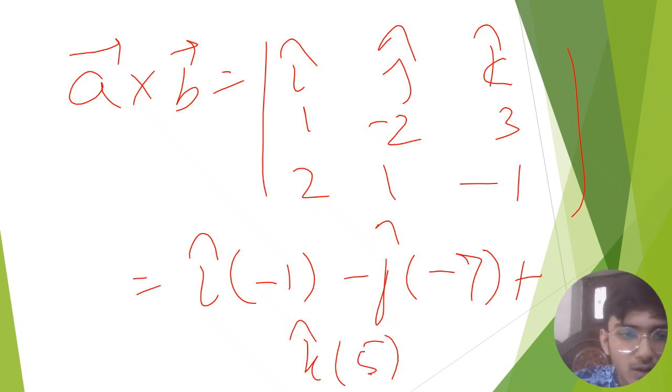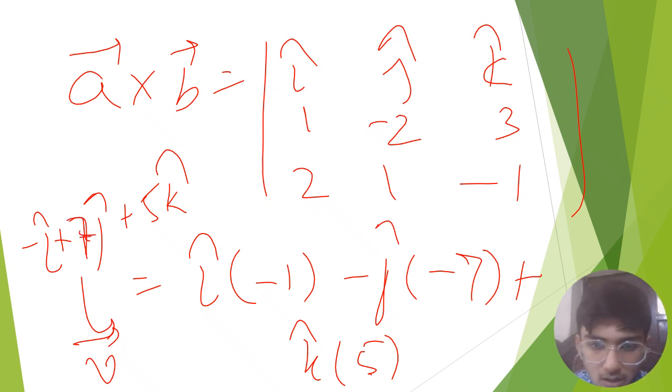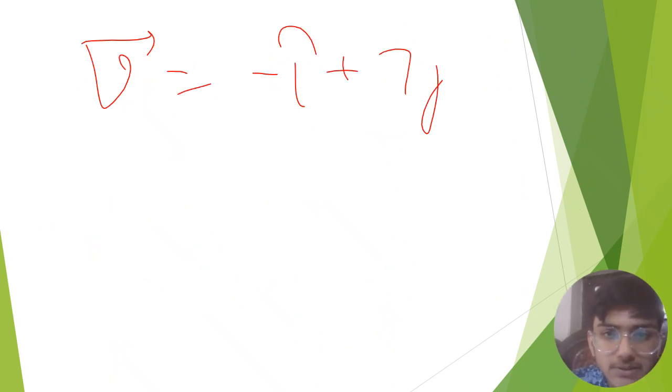This is coming as minus I cap plus 7j cap plus 5k cap. This is your actually V vector. Okay, hope it is clear. Minus I plus 7j plus 5k cap. Okay, so yes, hopefully this relation, minus I plus 7j plus 5k.